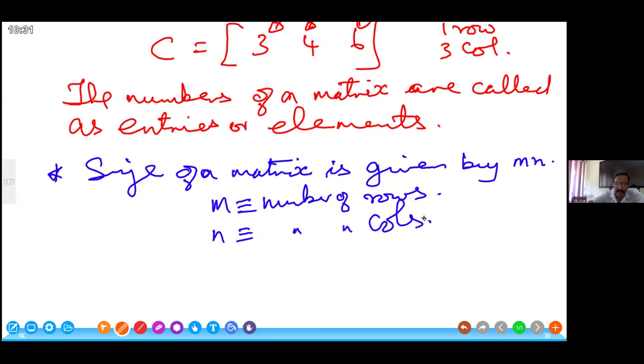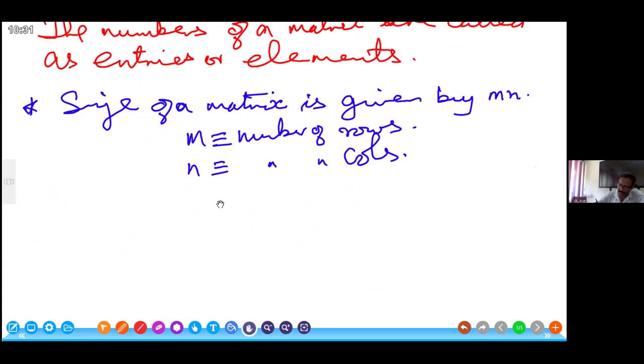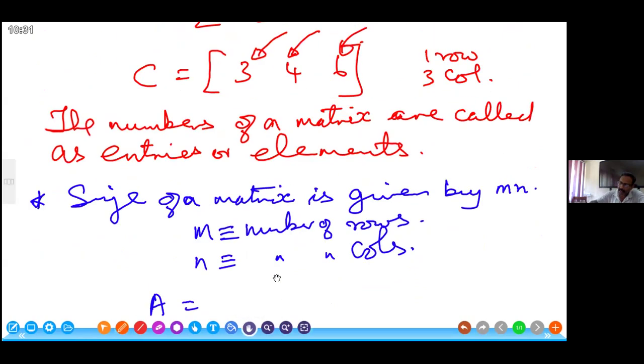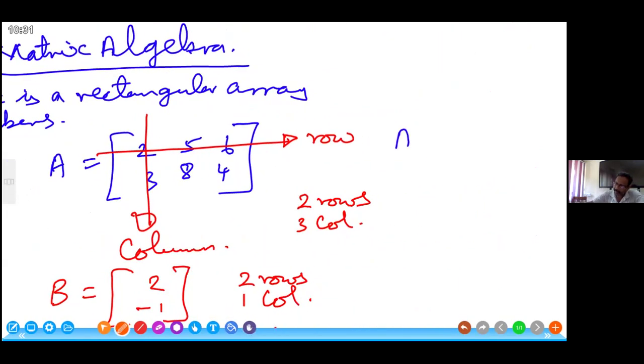For example, if you say a matrix A, in our earlier case, matrix A with a size of 2 into 3.